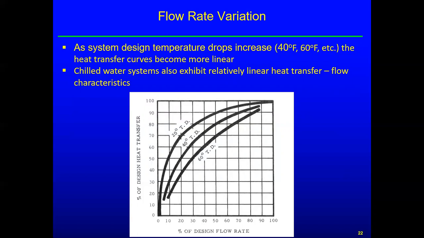At 60 degrees, it's not spending much time at all, and so the curves become more linear as the delta T increases. Now, increasing delta T on a coil also has an impact on controllability. We'll get into more discussion on this later, but whatever decision you make has lots of different ramifications on other aspects of the system.